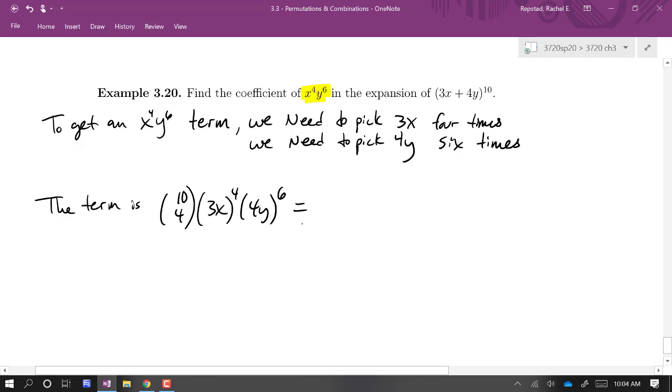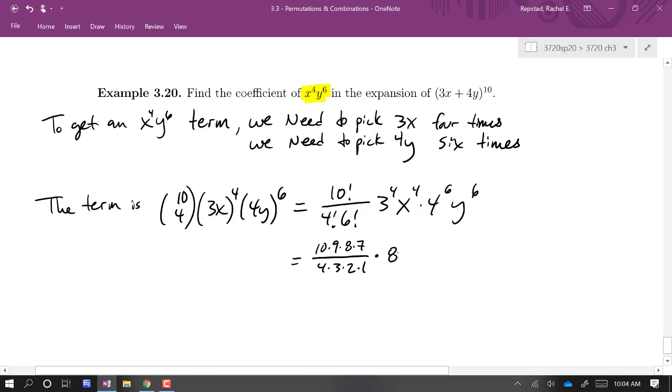And we just need to find 10 choose 4. Let's see, 3 to the 4th, x to the 4th, 4 to the 6th, y to the 6th, 10 choose 4. Let's see, I can cancel that factor of 6 factorial and be left with 10, 9, 8, 7 up top.